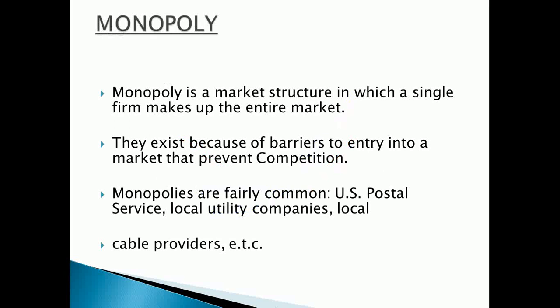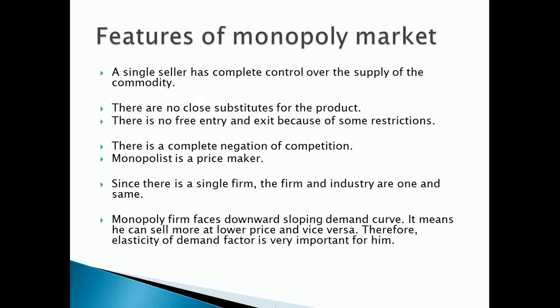So in as much as the price continues to change, the AR curve will always be equal to price. In the monopoly firm, there is also the equilibrium condition, where the MC cuts the MR from below. Therefore, the monopolist's profit maximizing level of output is where MR equals MC.